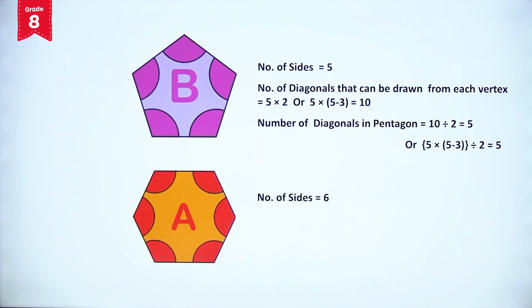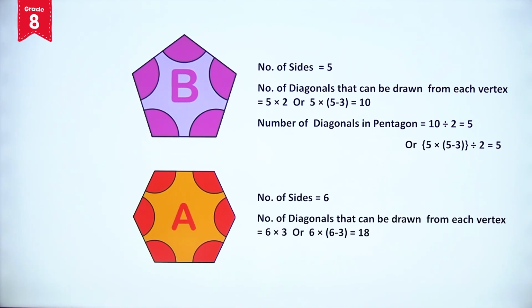Similarly, in a hexagon, the number of sides is 6. The number of diagonals that can be drawn from each vertex is equal to 6 multiplied by 3, or we can also write it as 6 multiplied by (6 minus 3), that is equal to 18.